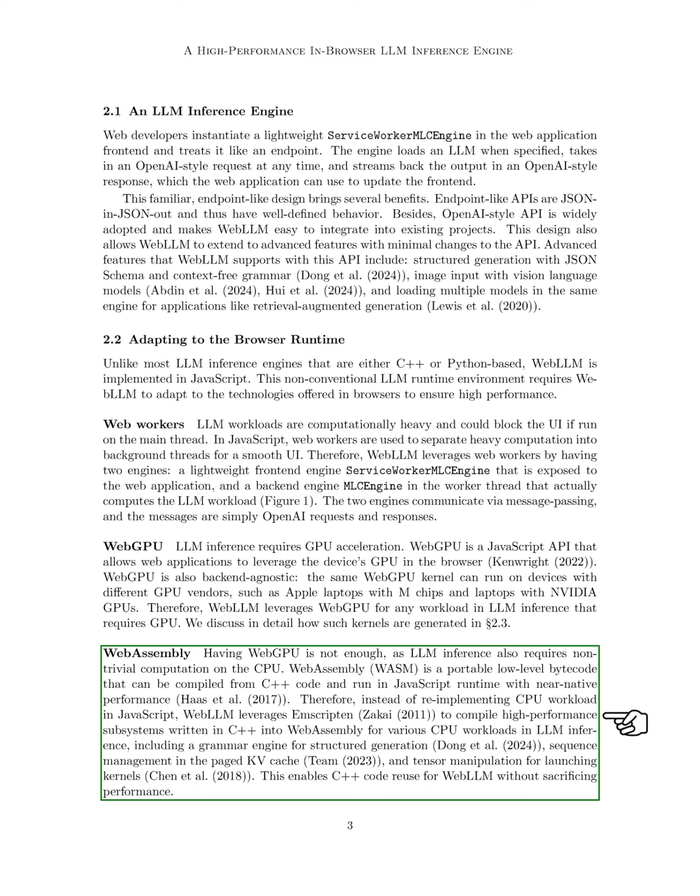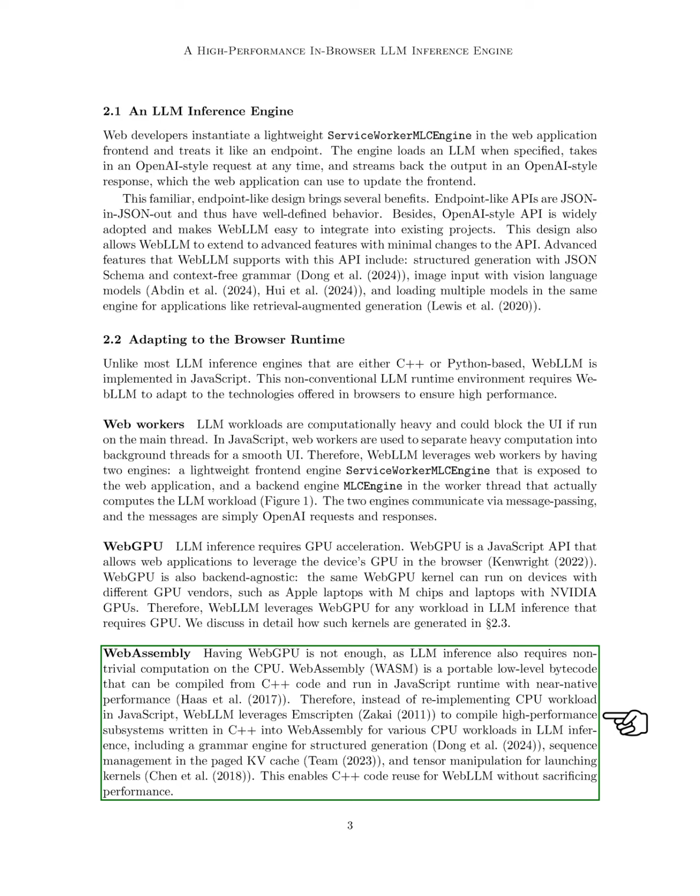Section: WebAssembly. In this section, we discuss the role of WebAssembly in our approach. While having WebGPU is important, we recognize that large language model, LLM, inference also requires significant CPU computation. WebAssembly, or WASM, is a portable bytecode that we can compile from C++ and run in a JavaScript environment with performance close to native.